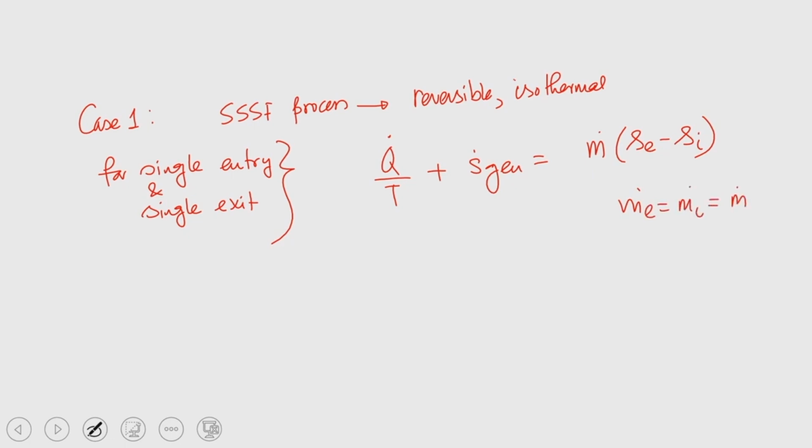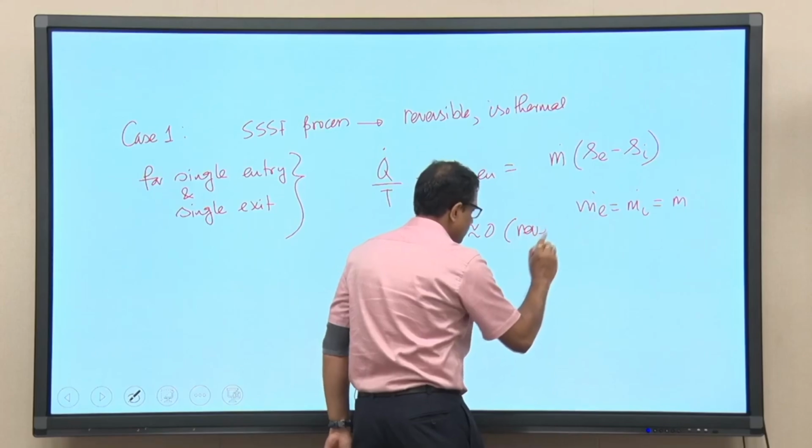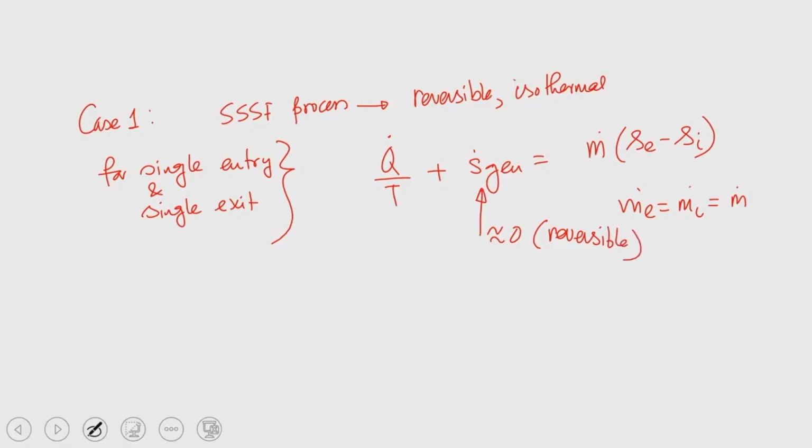Since it is reversible, because we are trying to obtain the expression of W for a process which is steady state steady flow, and on top of that we are assuming that the process is reversible and isothermal, S dot gen is equal to 0. Right? Then we can write that Q dot by T equals m dot (SE minus SI).